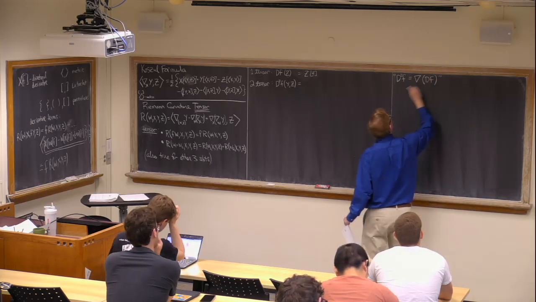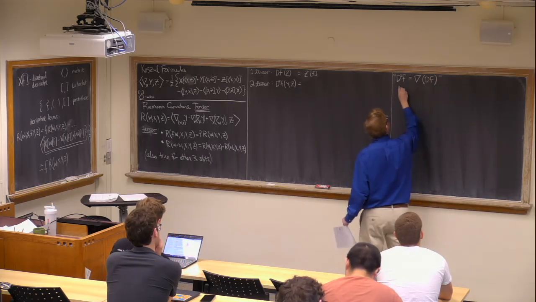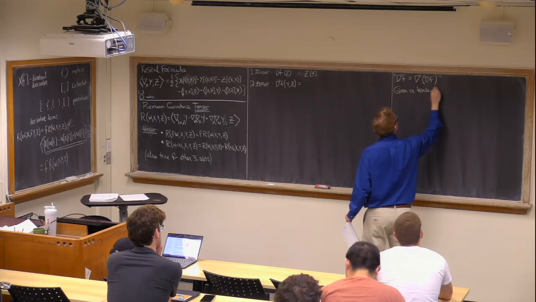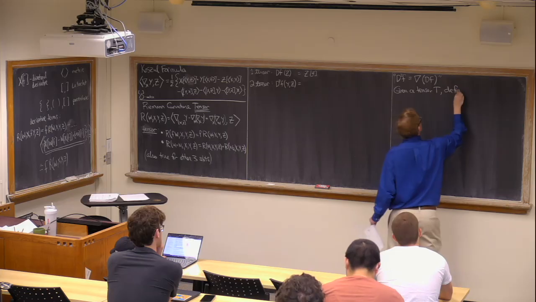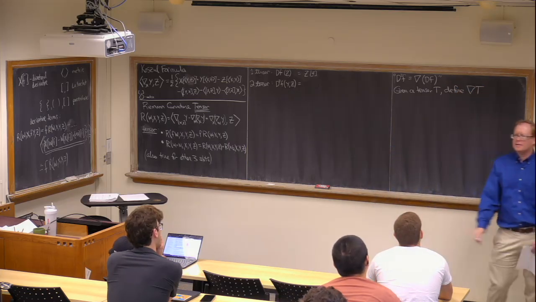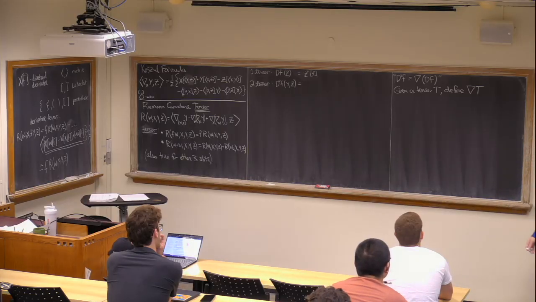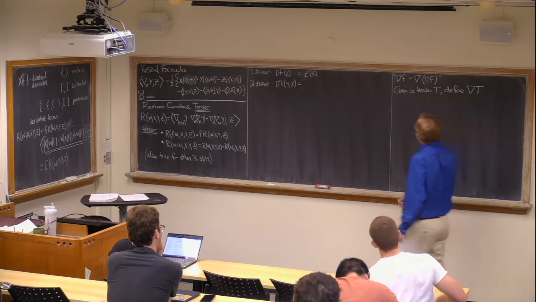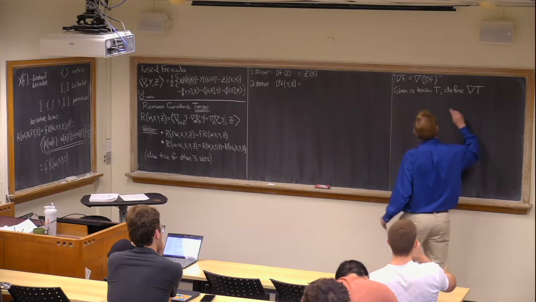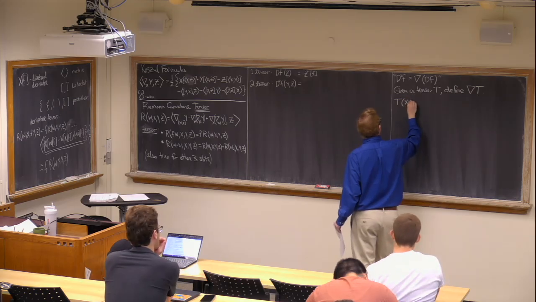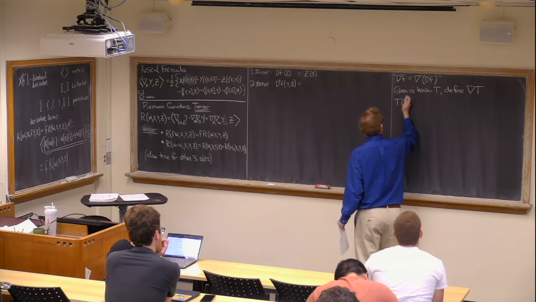So what I really want to make sense of, given a tensor t, define the covariant derivative of t. That sounds like a pretty good exercise for us to do, right? I mean, you should be able to take the derivative of a tensor. And so let's say you have some tensor t of x comma y. Let's say y comma z.